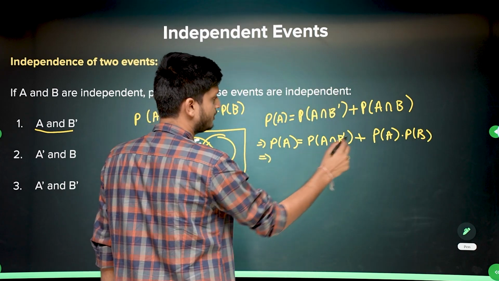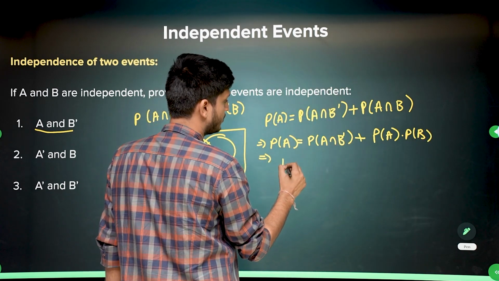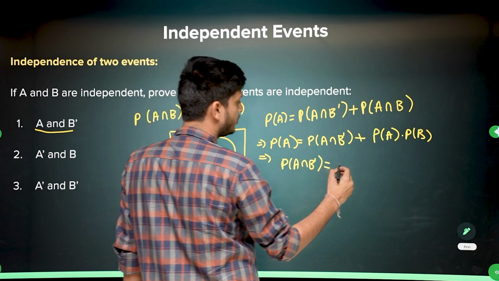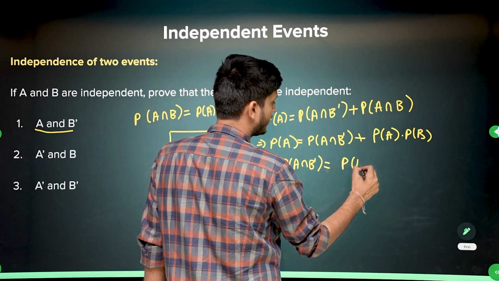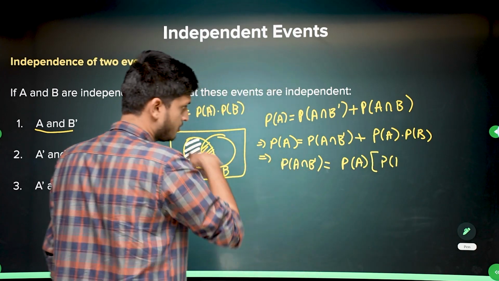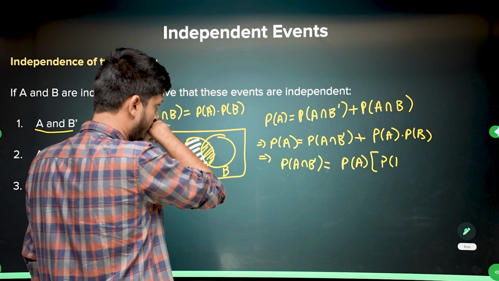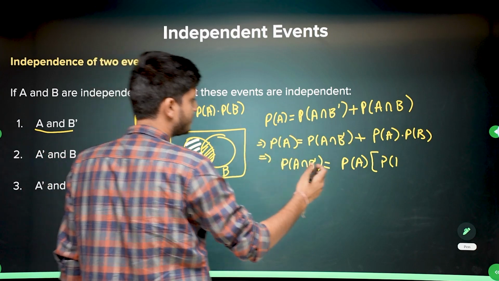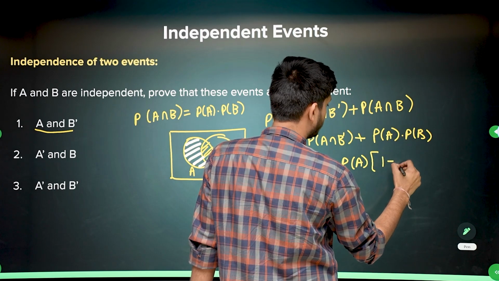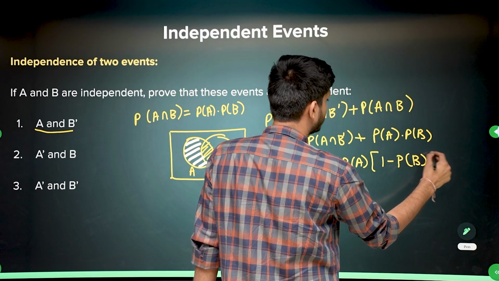So here if you take this to LHS and this to RHS, you will get probability of A intersection B complement is what? Probability of A you can take out. Here you will have to shift this side. It will become 1 minus probability of B. You can rearrange, it will be very easy.